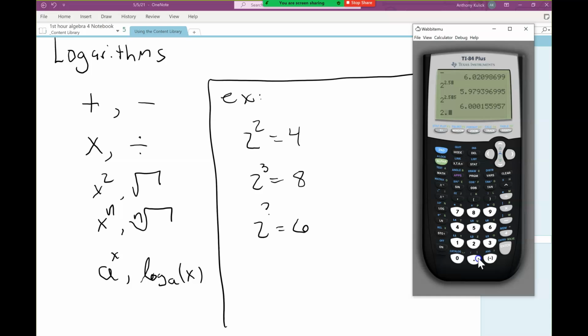So maybe we try 2.584. Oops, 2 to the 2.584, and that's not quite enough. So we need a little bit more, and you keep on playing this game. Do you think you're ever going to come down to the number that makes this work?